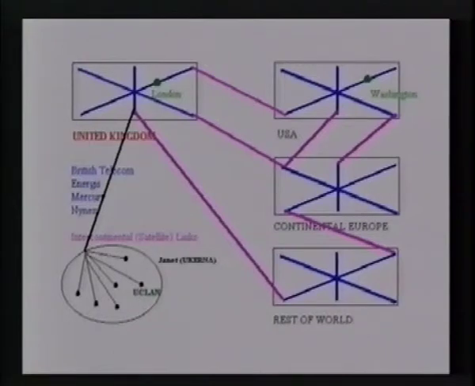And what has happened there is a company called UKERNA has taken a contract from the education funding councils. They subcontract British Telecom and Mercury to wire up the universities. So they provide a slice of this service to a market which is called the universities, and they call their network JANET, the Joint Academic Network.